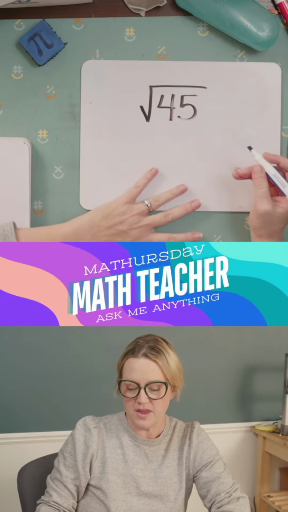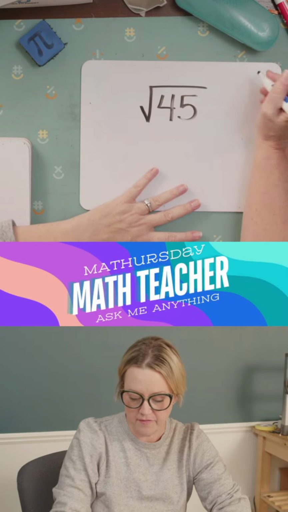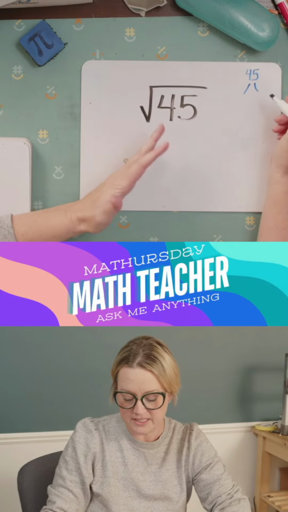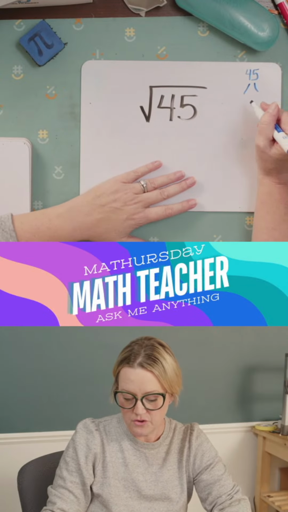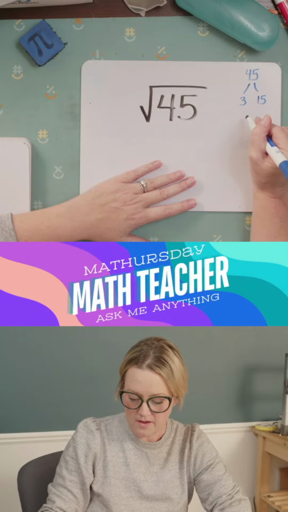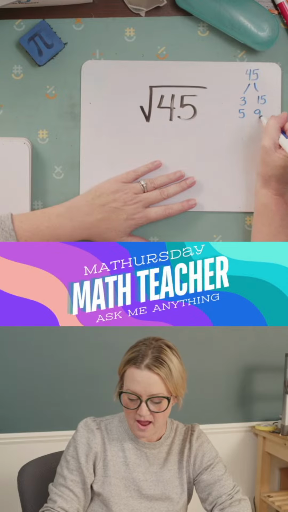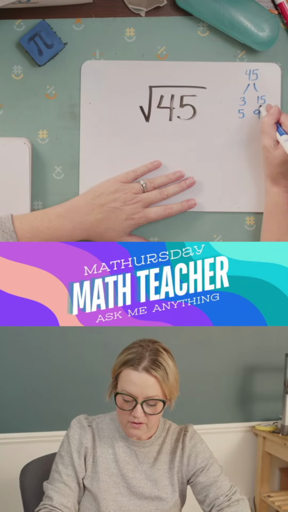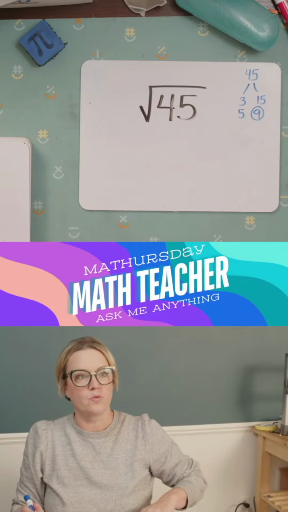So 45, we think about the factors of 45. Obviously 1 and 45, 3 and 15, 5 and 9, and that's it. Here, this 9 is a perfect square.